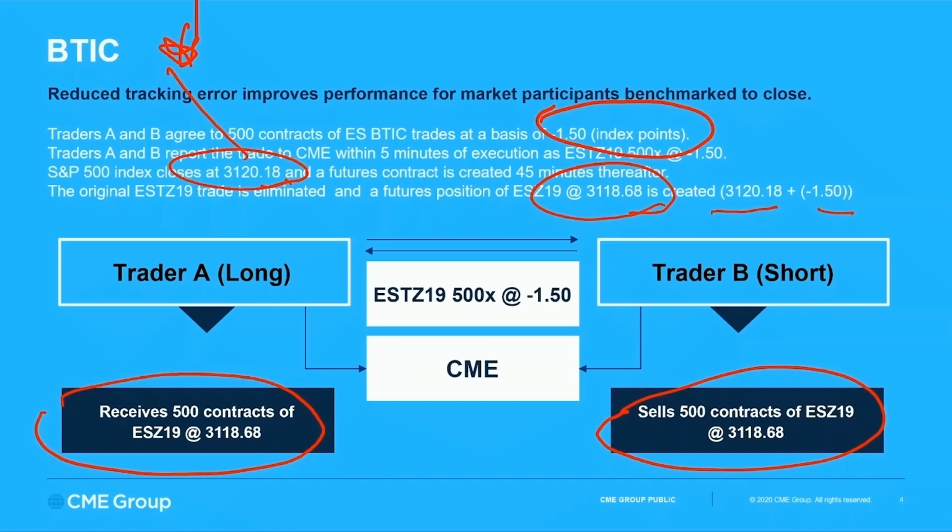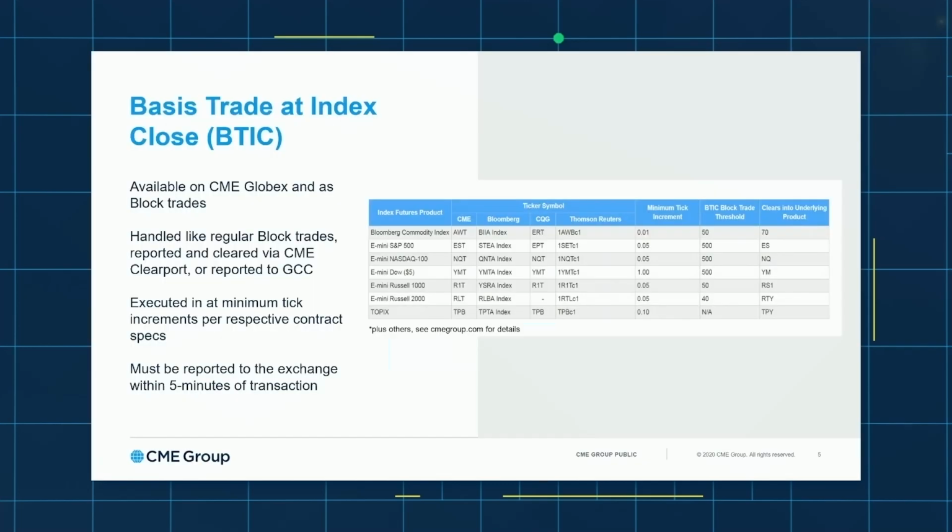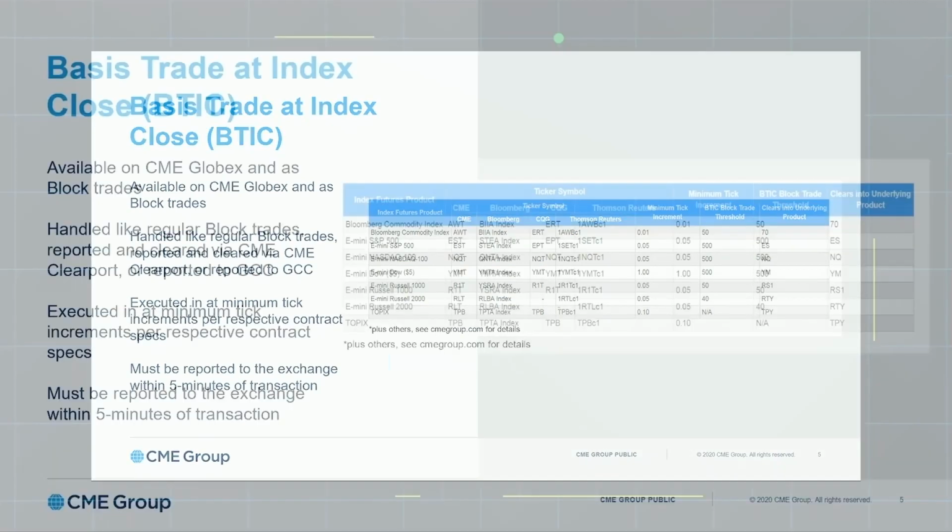So I'm able to execute with greater assurance of getting my basis spread, but I'm also doing it at a reduced market impact cost. These two considerations are what drives this business, because it's a natural solution to a perennial problem for indexers. This has been a real big gain for our bigger users, and as a result, it's been extended to most of our index products.